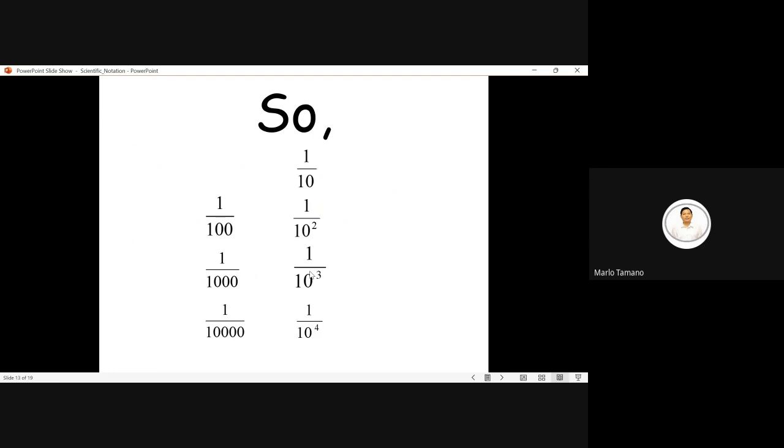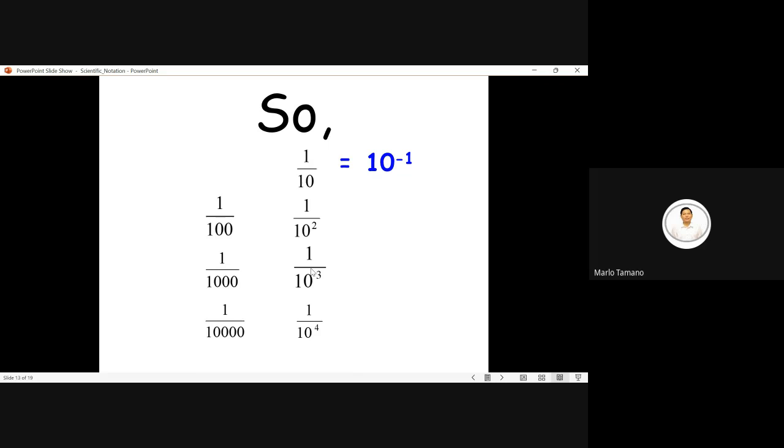How about this one? We have here 1 over 10. What is its equivalent when it comes to decimal? In exponential form, that is 10 to the negative 1 power.